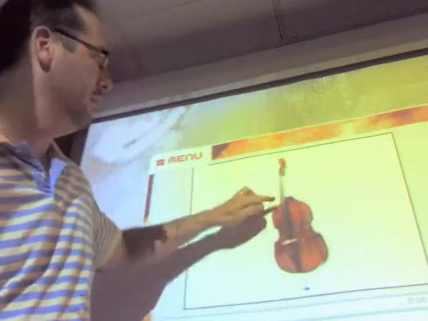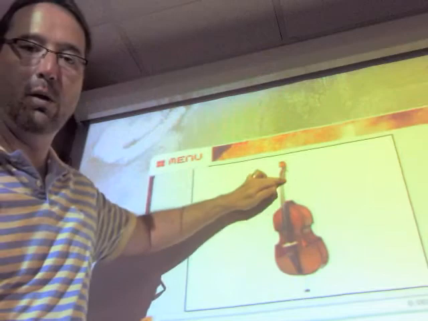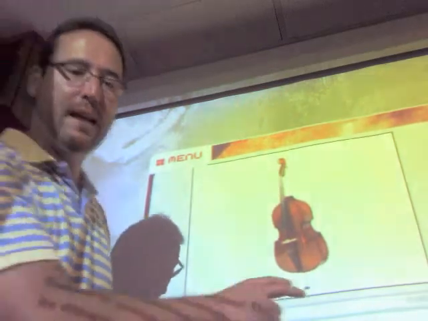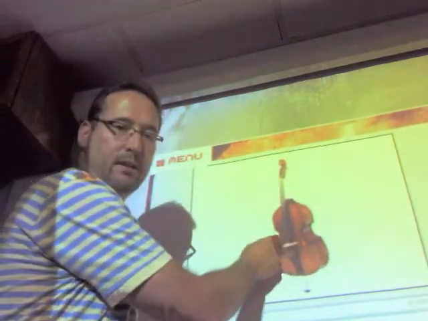How does the bass player play the instrument? Well, obviously the fingers are up here on the fretboard, and the right hand plucks the strings here. So we have the left hand moving up here on the fretboard, and we have the right hand plucking the strings. This technique of plucking the strings is called pizzicato. Pizzicato means plucking.